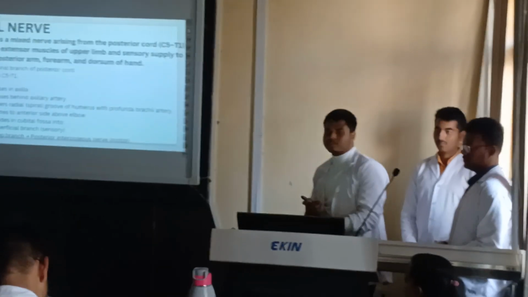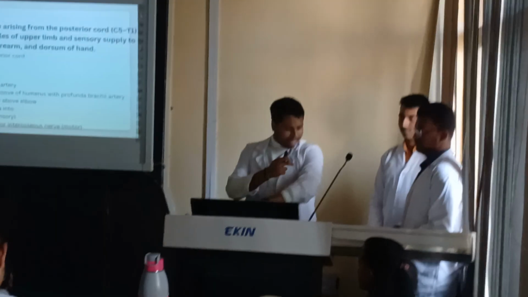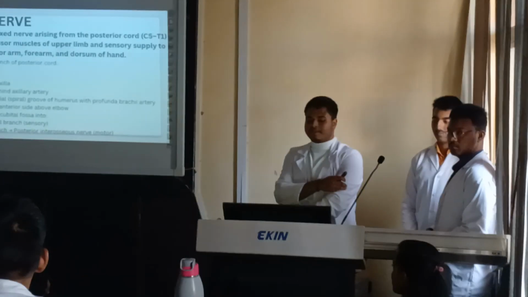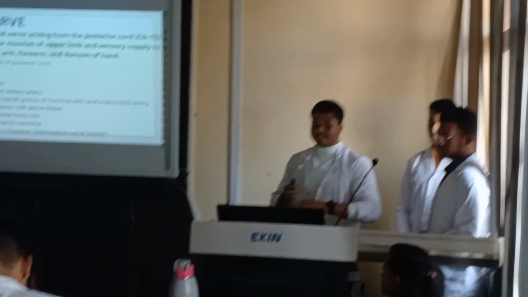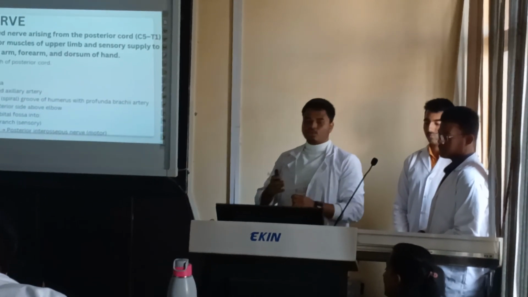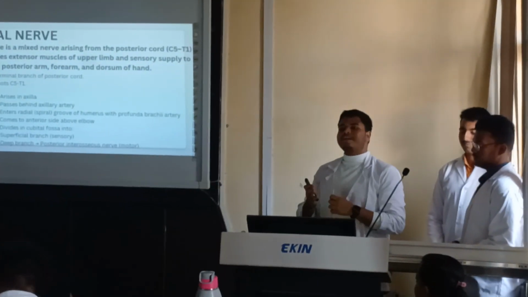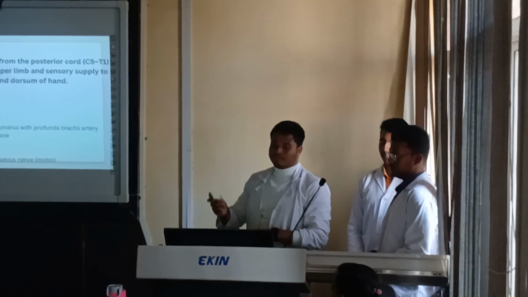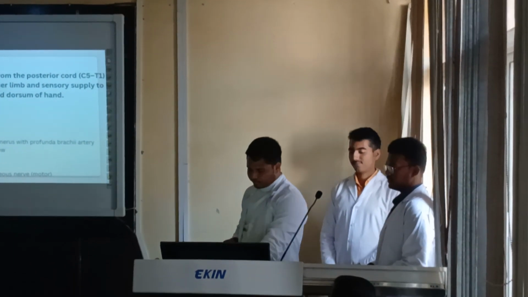It arises in the axilla, passes behind the axillary artery and enters the radial spiral groove of the humerus with the profunda brachii artery, and it comes to the anterior side over the elbow, and divides in the cubital fossa into a superficial branch and a deep branch. The superficial branch is a content of the cubital fossa, and the deep branch proceeds as the posterior interosseous nerve, which we can see in the fourth compartment of the extensor retinaculum.